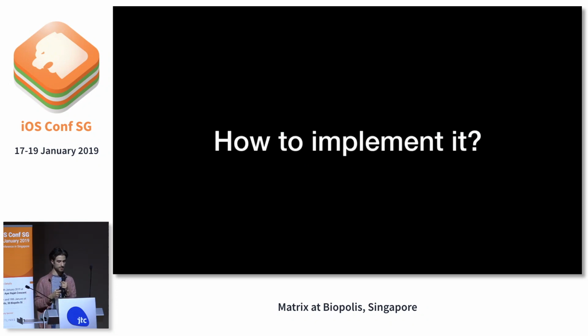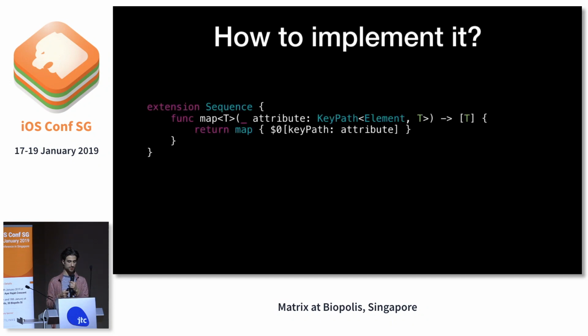So how can we implement it? We're going to look at how we can make map, which is a very standard function, work with KeyPaths. First, map is defined in Sequence in the standard library, so we're going to make an extension on Sequence. Then we're going to implement a map function. The signature is very similar to the map function in the standard library.